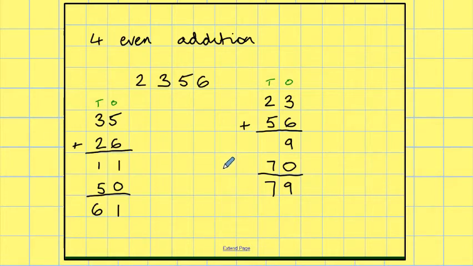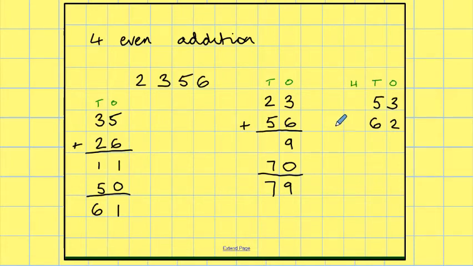Could even have had, let's have a look, a sum that was 53, a bigger one, 53 and 62. Now, I've got a feeling that we're going to need an extra column in there.